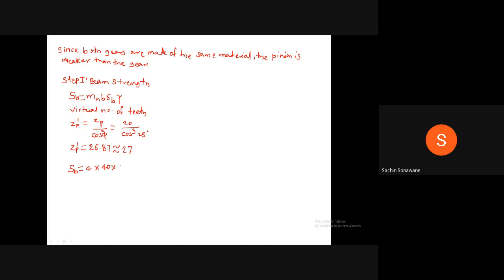Therefore, 600 divided by 3, into Y27 they are given 0.3475. Therefore, SB is equal to, what is the answer? 11.12 into 10 raised to 3 Newton. Therefore, this is our step 1. Now we will calculate wear strength. Step 2.